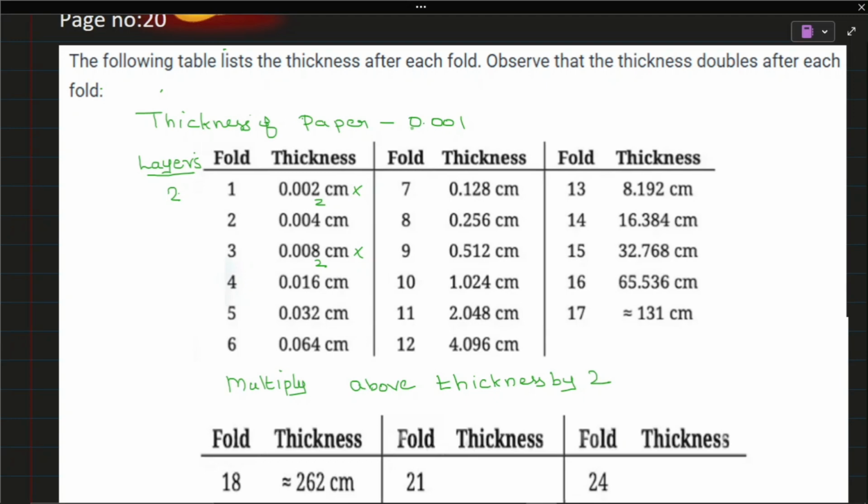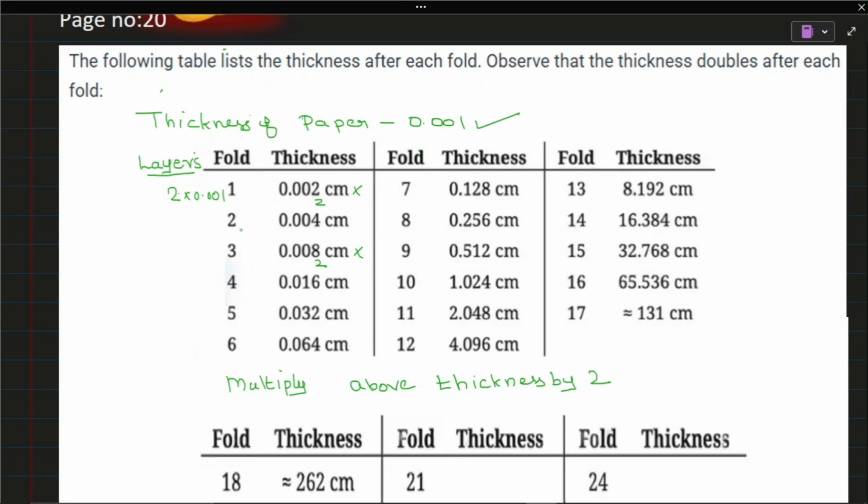When you take a sheet of paper from your copy, that thickness. Now when you fold that paper into 2 layers, at that time the thickness will be 2 multiplied by 0.001. The answer will be 0.002.